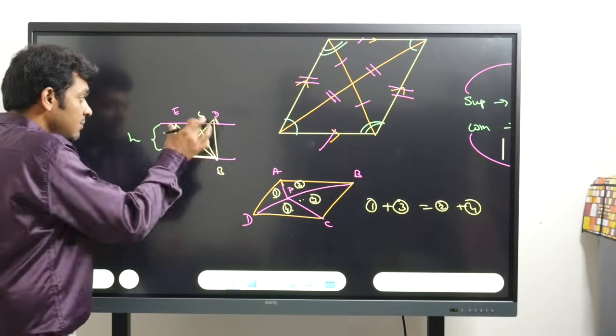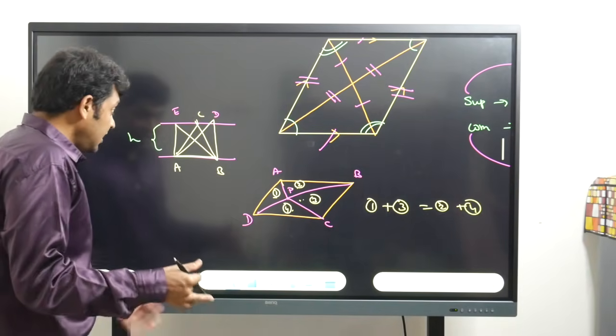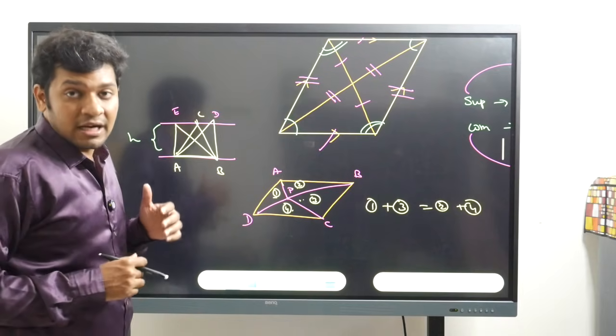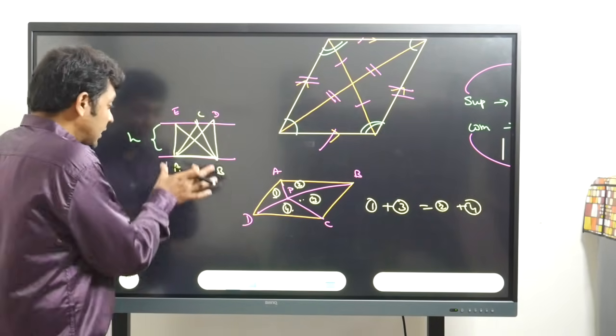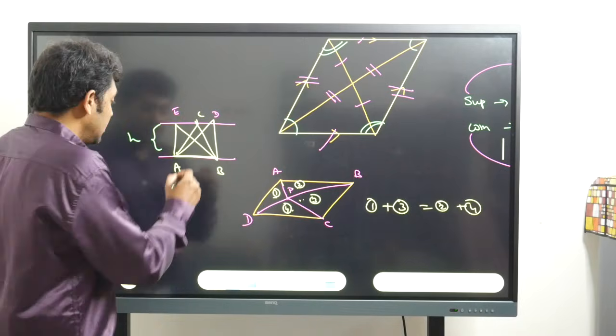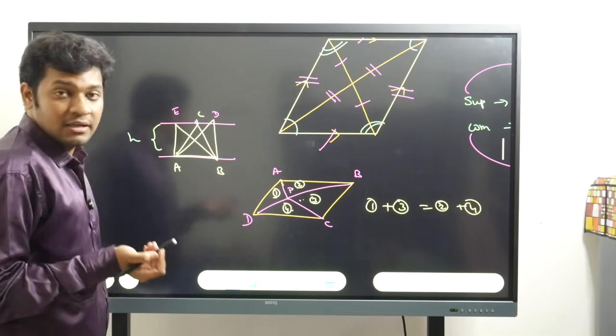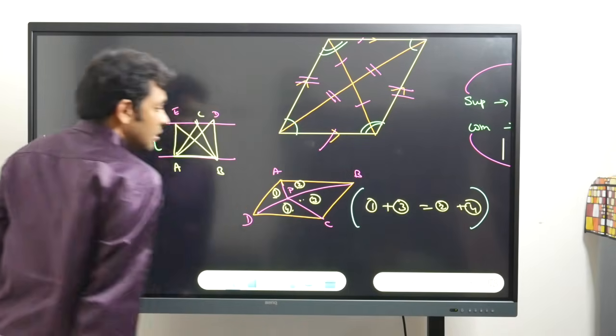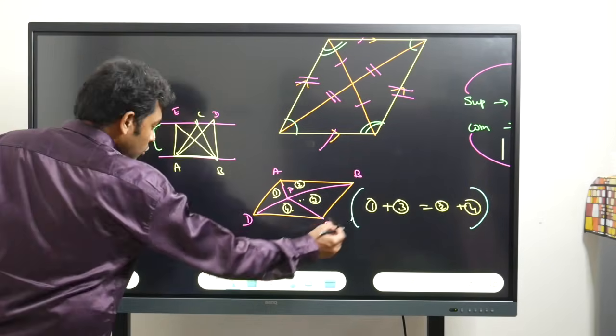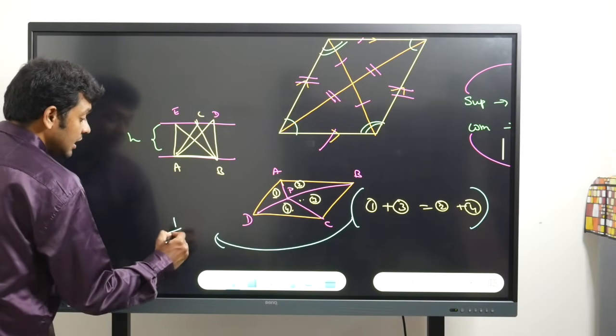So ABE, ABC, ABD are all equal. Or I can say triangles formed between two parallel lines with the same base lying on one of the parallel lines will be of equal area. Half base into height, and the height is going to be the same. Also, this value is equal to half the area of the parallelogram.